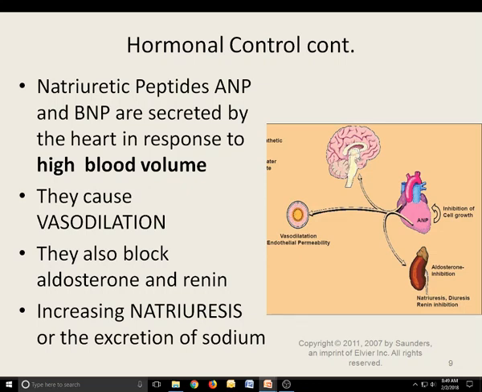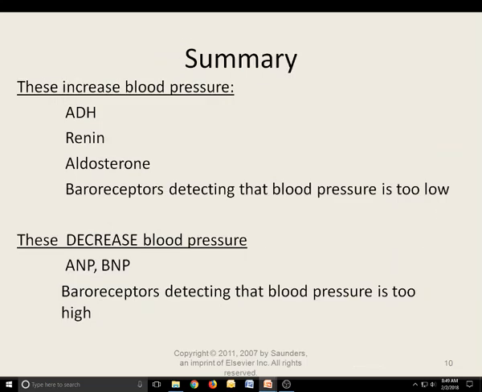So, ANP and BNP are hormones released from the heart that cause a decrease in blood pressure. Okay, so that was it. See, nice short one. And a lot of information, of course, but short.